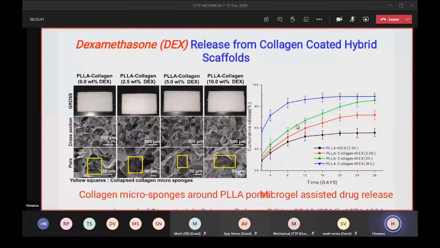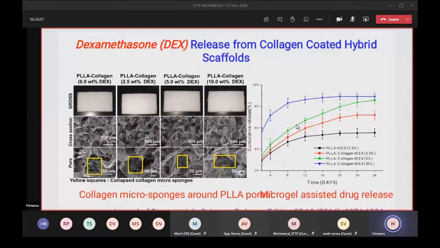Remember, it is very important for osteogenic differentiation. That means if I give it to stem cells, they can go directly to the bone lineage. It is an instruction signal for the stem cells to go directly to the bone lineage. So this is very important.